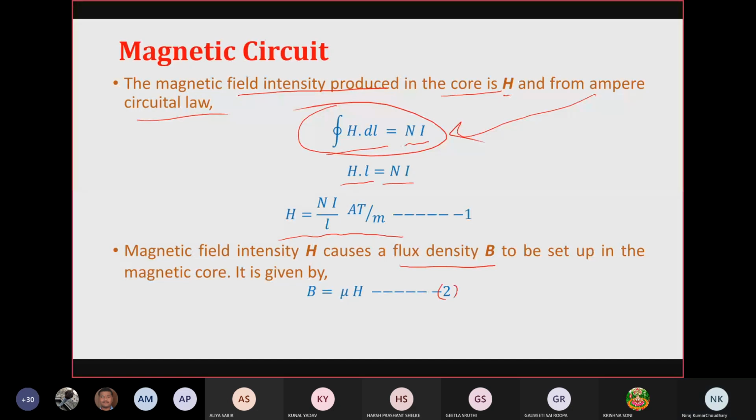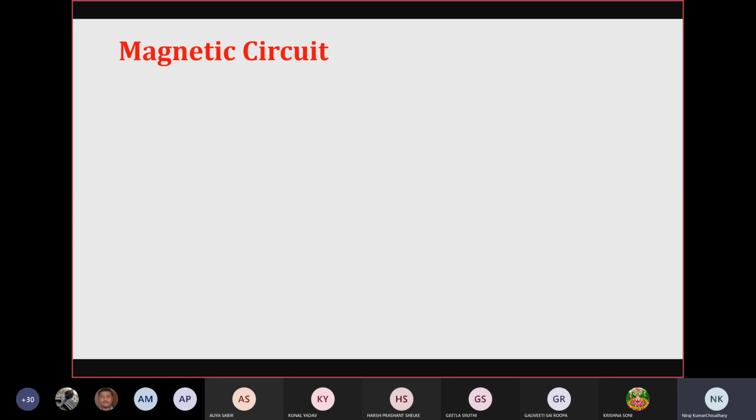Mu can further be written as mu naught into mu r, right? So using equations 1 and 2, you can further extend this equation in this form: B is equal to mu Ni by L, right?